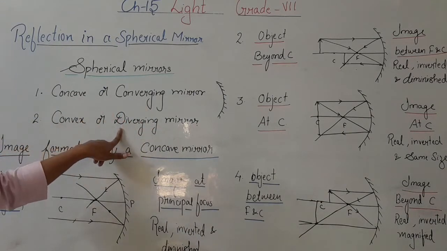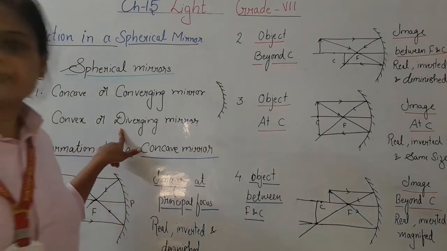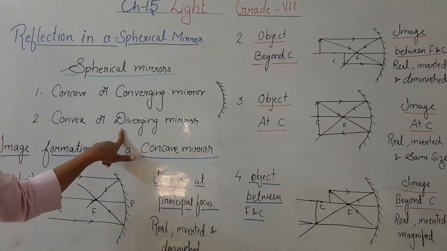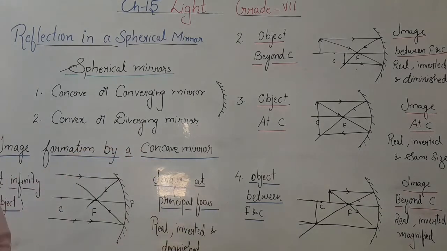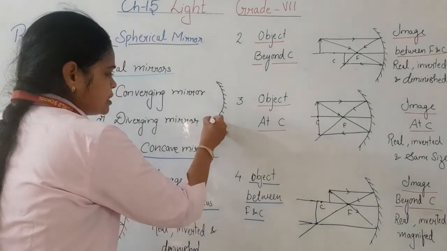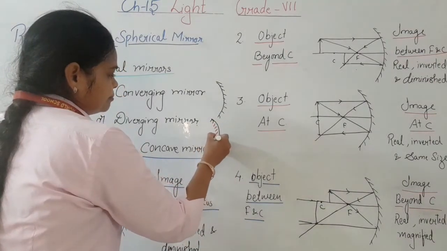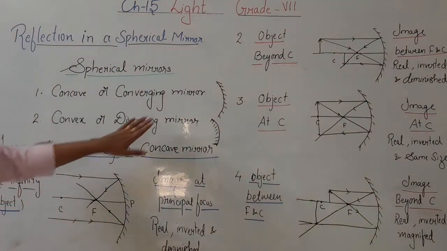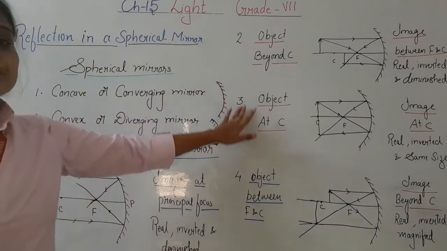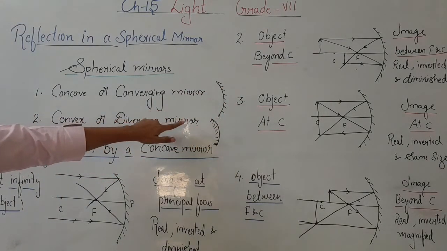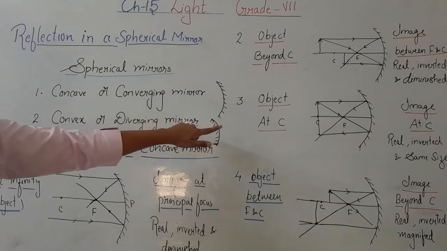Convex mirrors are also called diverging mirrors. A convex mirror is a spherical mirror which is polished from the hollow side, means it is polished from the inside, and the converging mirror is polished from the outside, such that the reflecting surface is towards the outer side.